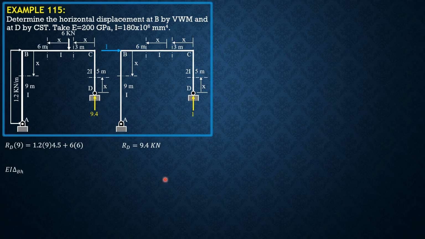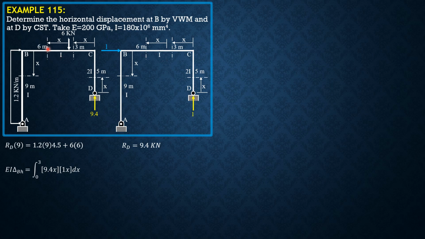So EI delta B horizontal equals integral from 0 to 3. We begin with this because the moment in CD is 0. So 9.4 times x, that's the big M. Then small m is 1 times x, dx, 0 to 3.